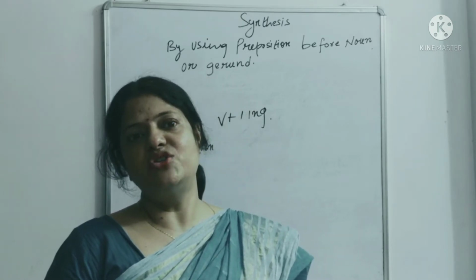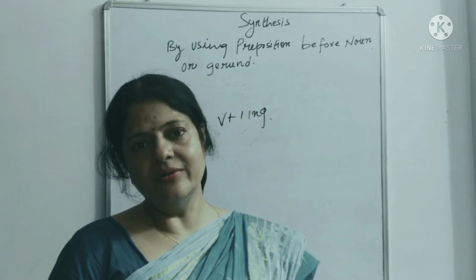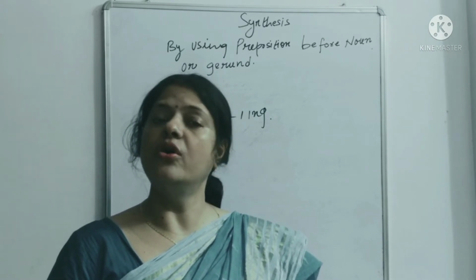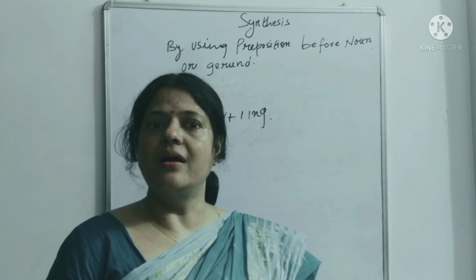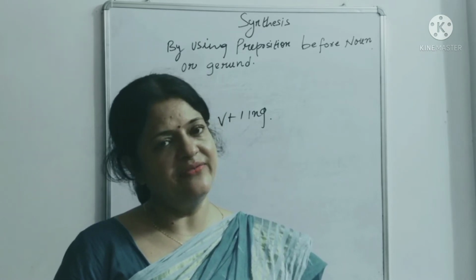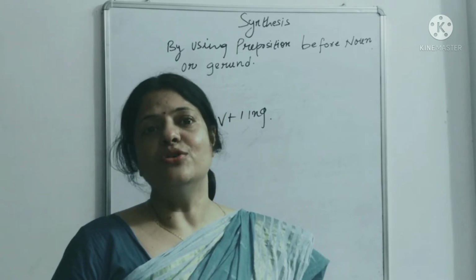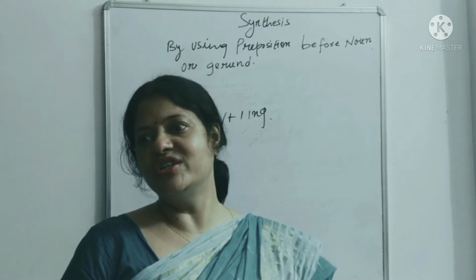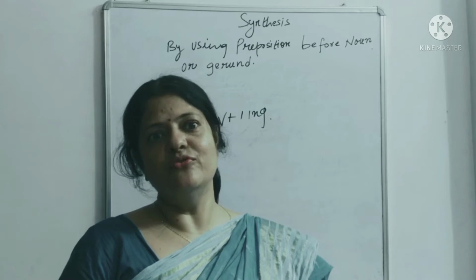A gerund is actually a non-finite verb, and we know that there are three non-finite verbs: gerund, infinitive and participle. If you want to know about gerund in detail, you have to watch my videos.